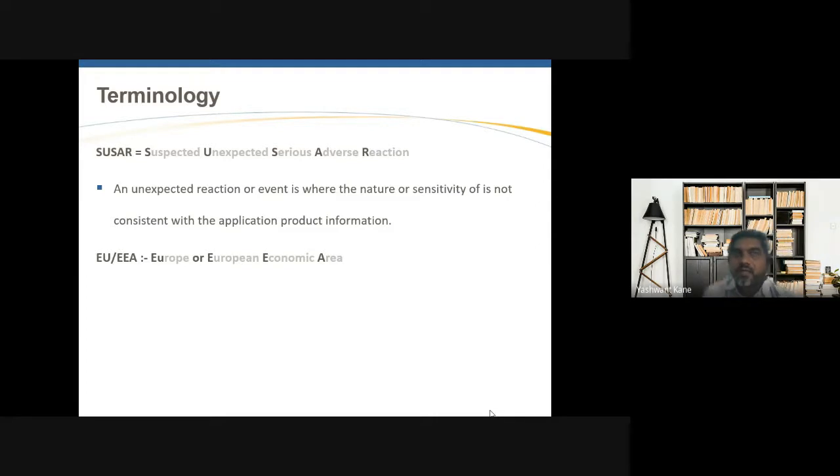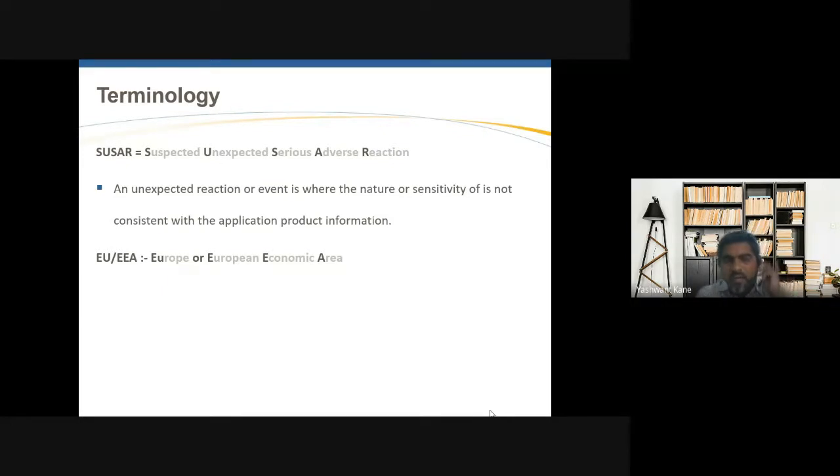These terminologies have very high importance in pharmacovigilance. Whenever it is a SUSAR, the reporting timelines to the health authority change, and even the reporting timelines to your licensing partner change.